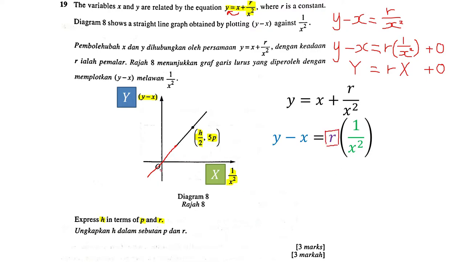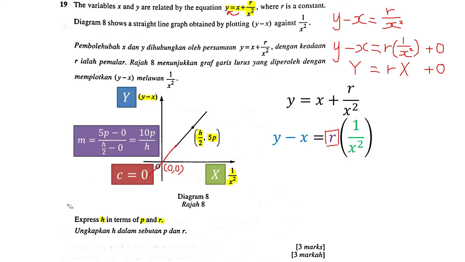From the graph, we can get the gradient because we know the coordinate of the origin is 0, 0. So the gradient is equal to 5p minus 0 over h over 2 minus 0. If you simplify it, we multiply by 2 on top and bottom, which gives us 10p over h. Now we compare, and we get 10p over h is equal to r.